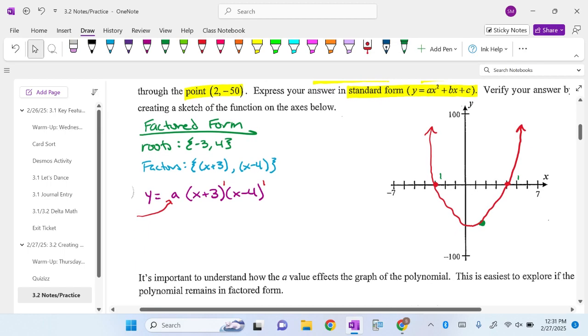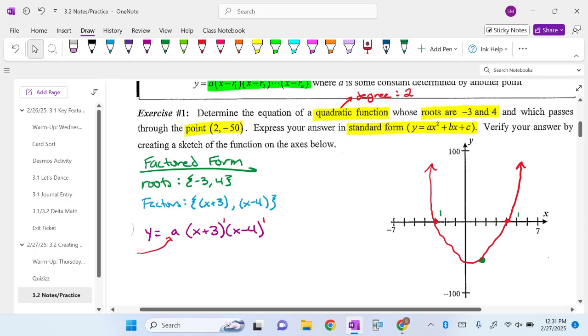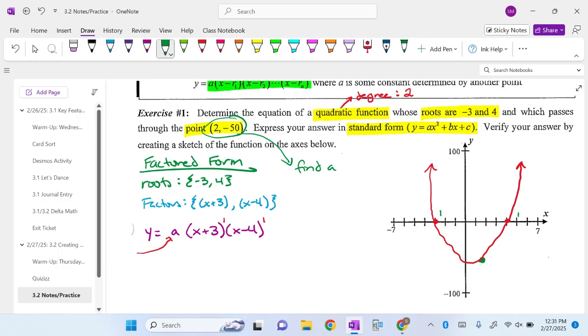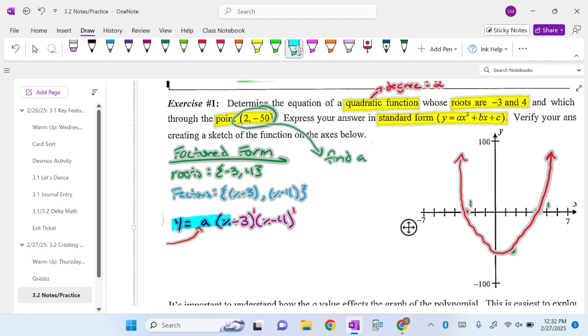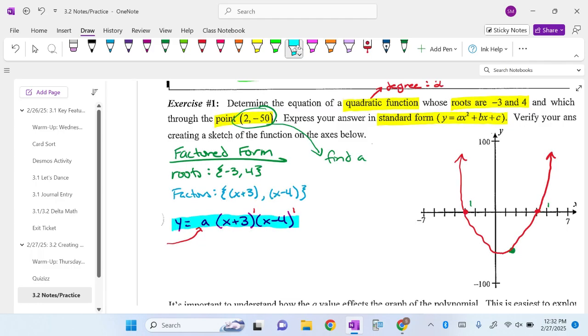Now, we need to figure out what the a value is. For that, we're going to use the point that it passes through. That's how we're going to find a. How do you think I'm going to use that point with what I have currently? So we got the point, and then we also got this part of the function.